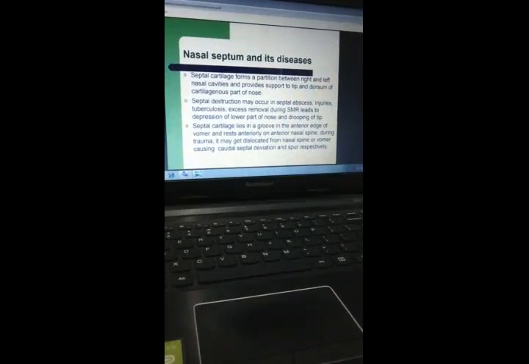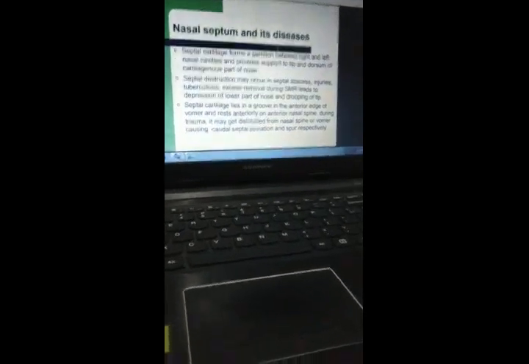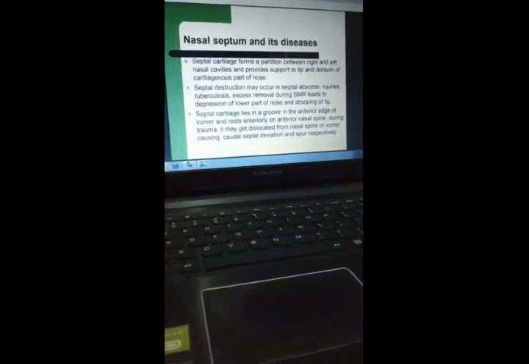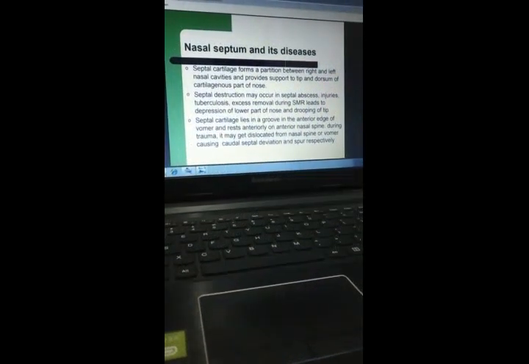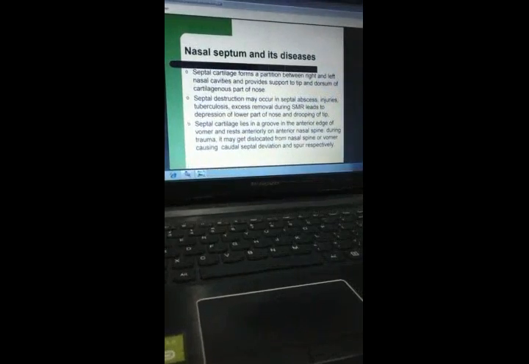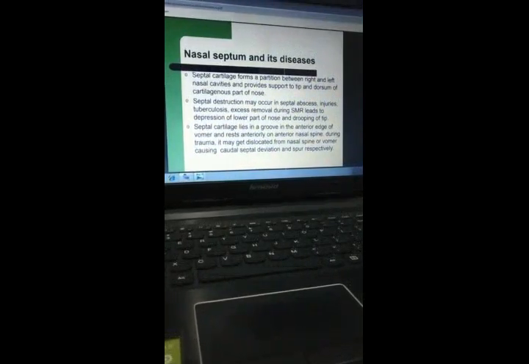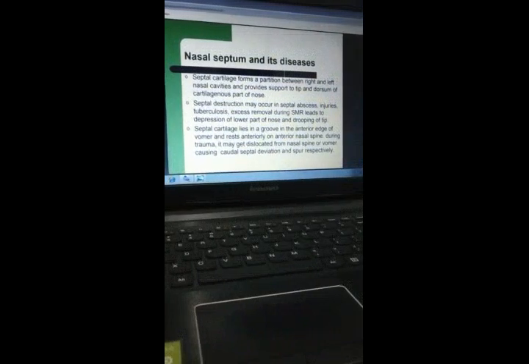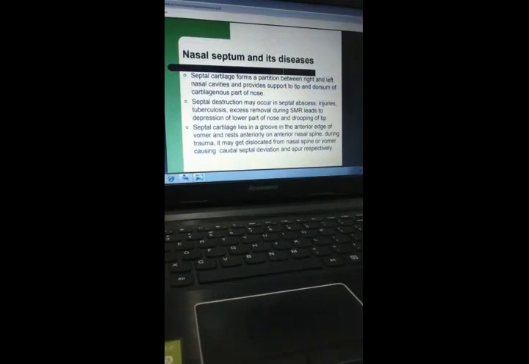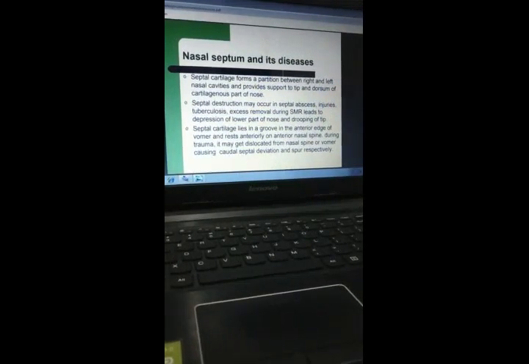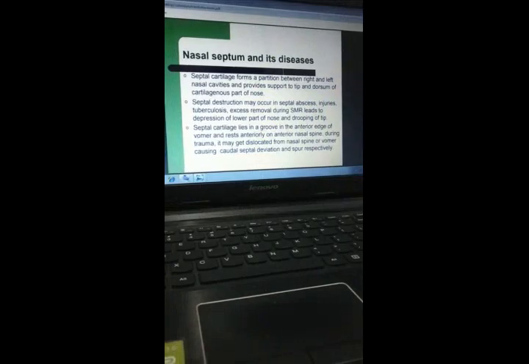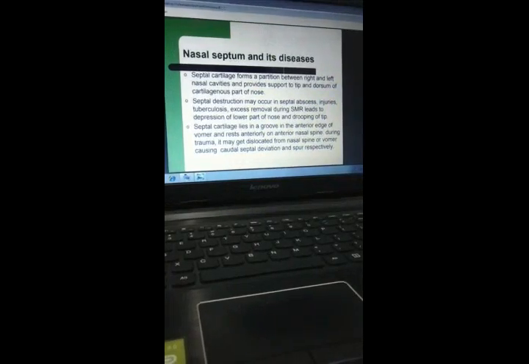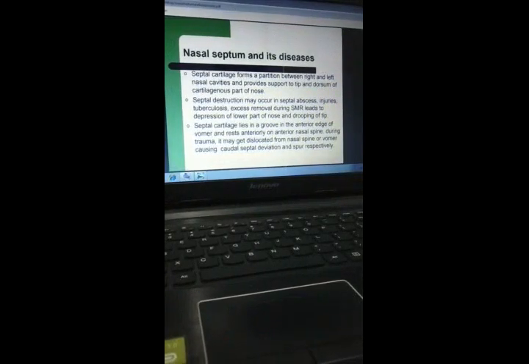Septal cartilage lies in the groove in the anterior edge of the vomer and rests anteriorly on the anterior nasal spine. Due to trauma, the septal cartilage gets dislodged from the vomerine groove and nasal spine, leading to caudal septal deviation and spur formation.